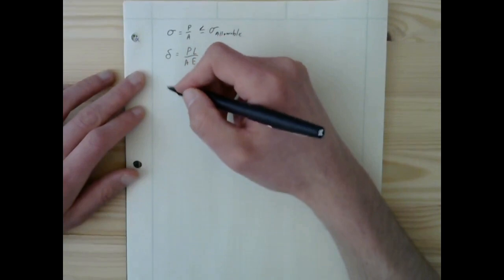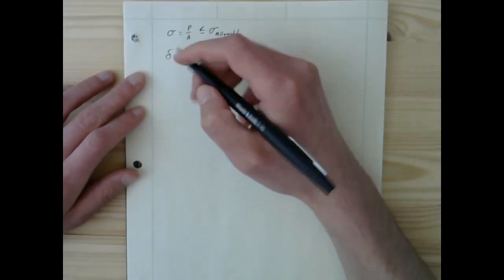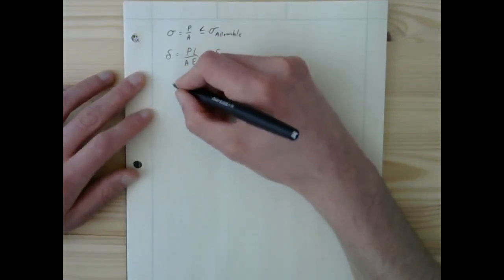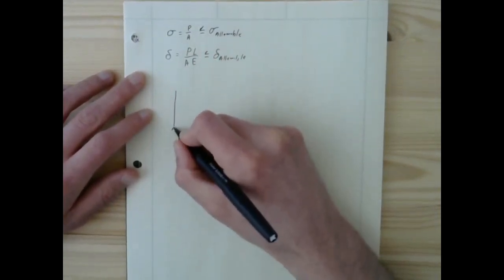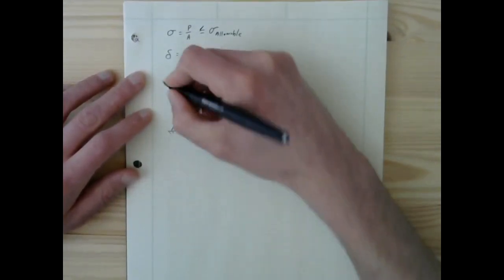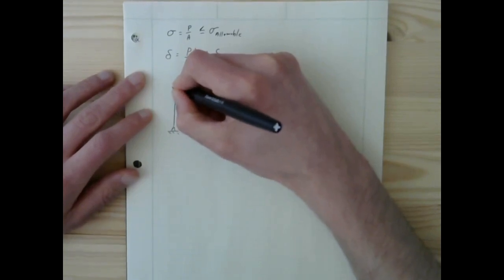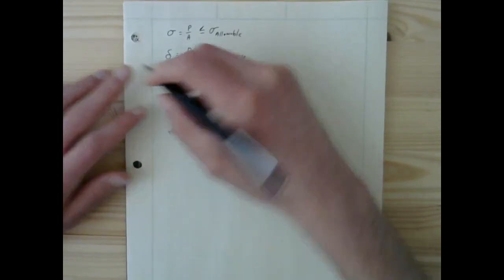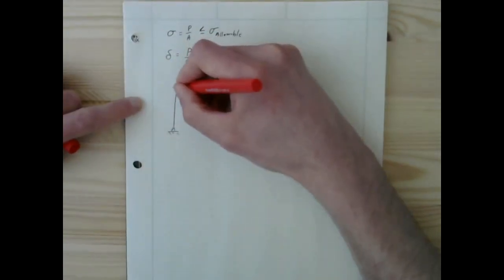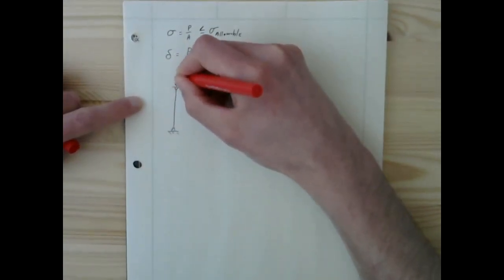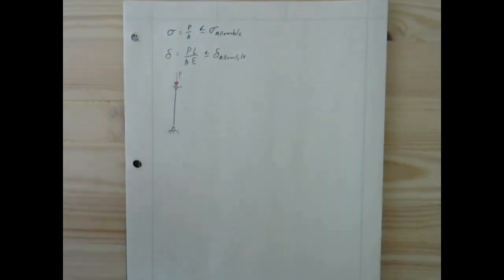There's another way that things in compression can fail, and that is if we have a column, and let's say it's pinned, and we apply some loads to it, it can buckle out.